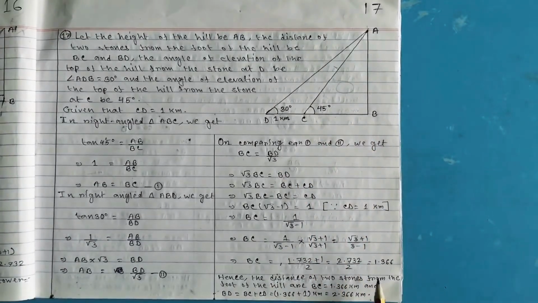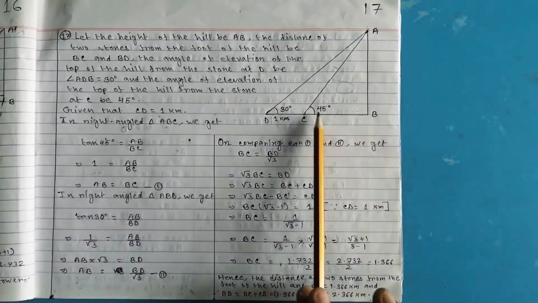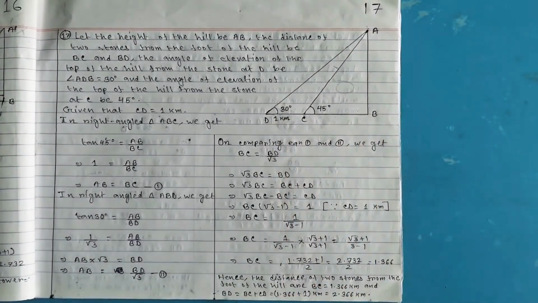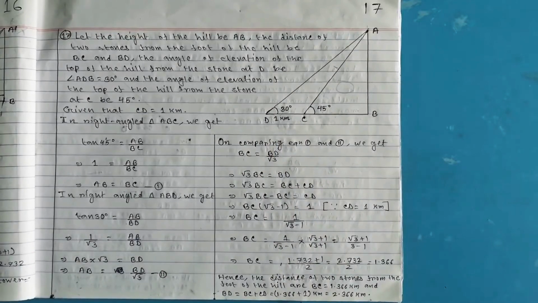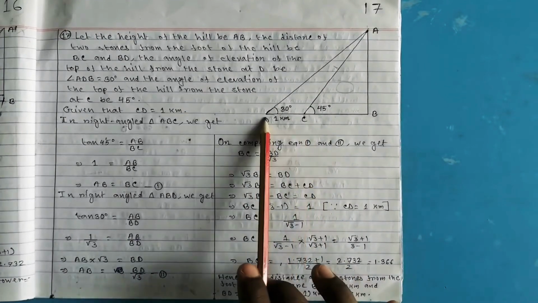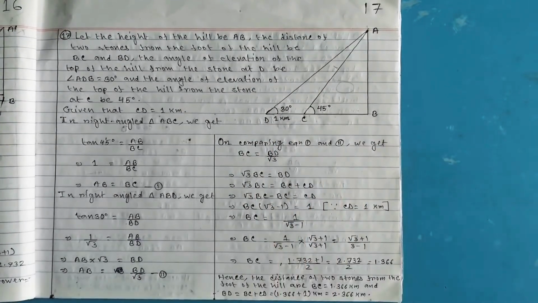So BC is 1.366, and BD will be BC plus CD. BD equals BC plus CD, so 1.366, that is BC, and this is 1 kilometer, so 2.366. So these are the distances of the kilometer stones from the foot of the hill.